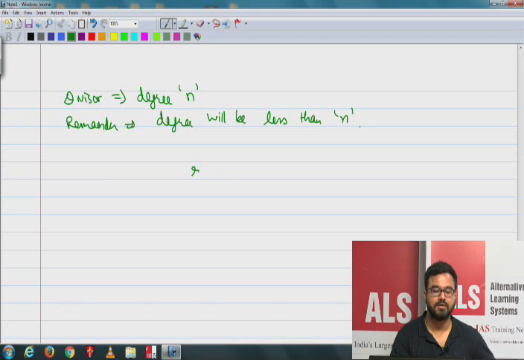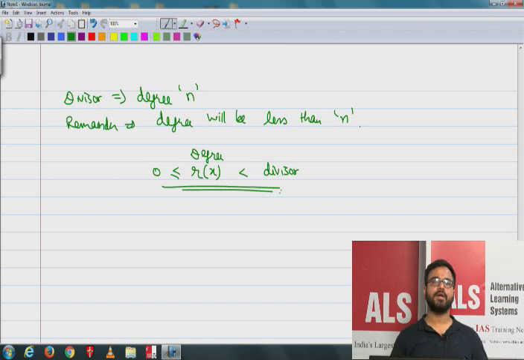The degree of the remainder is greater than or equal to 0 and less than the degree of the divisor. Or you can also note it like this: the degree of the remainder will either be 0 or greater than 0, but it will always be less than the degree of the divisor. That is the degree of the remainder.